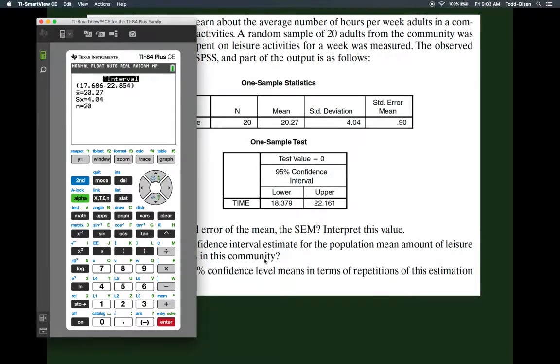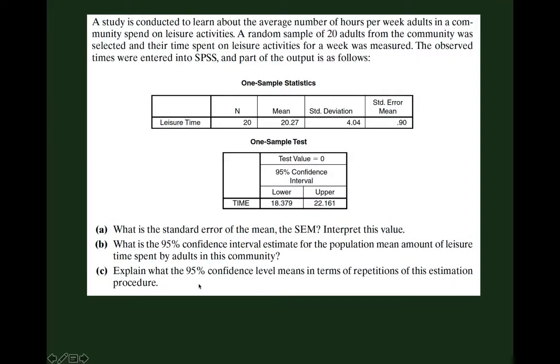The next part of the problem asks us to explain what the 95% confidence level means in terms of repetitions. This can be a complicated thing to understand. The basic idea here is that the only way we can have 100% confidence in our estimate from a mathematical point of view is to say the interval is from negative infinity to positive infinity.